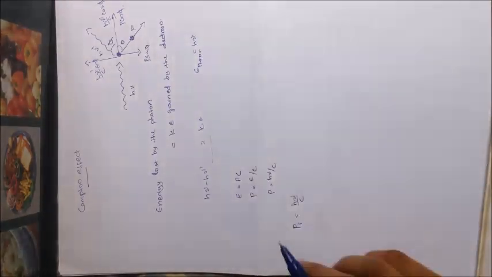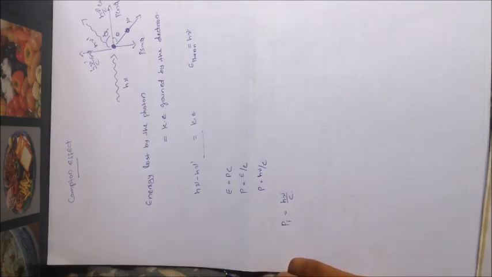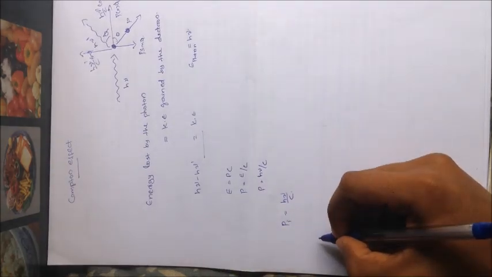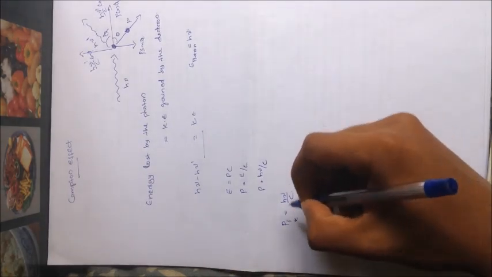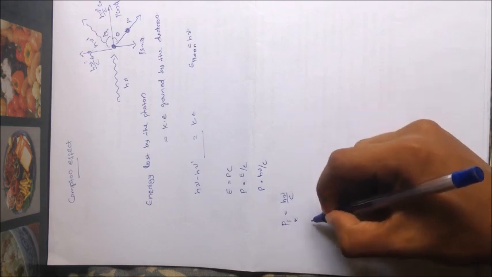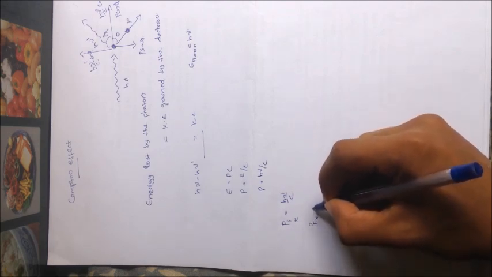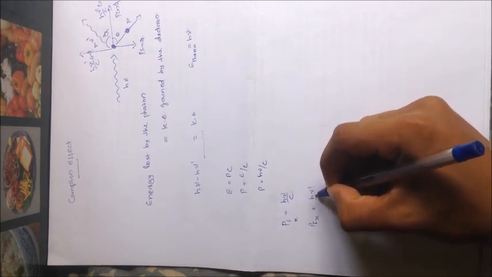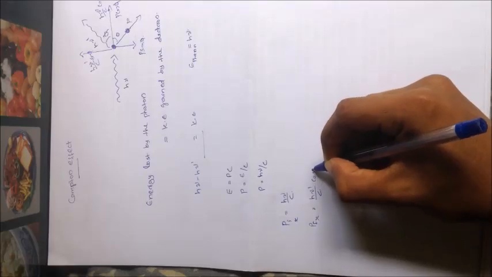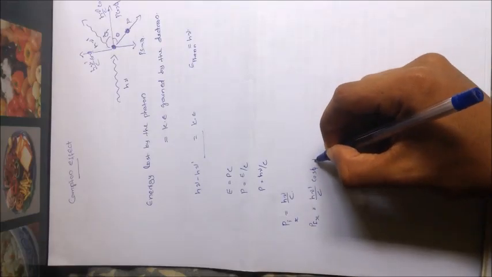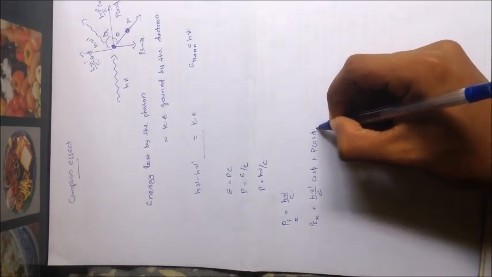By applying the conservation of momentum, P initial in the x direction is h nu by c, and P final in the x direction is h nu dash by c cos phi plus p cos theta.